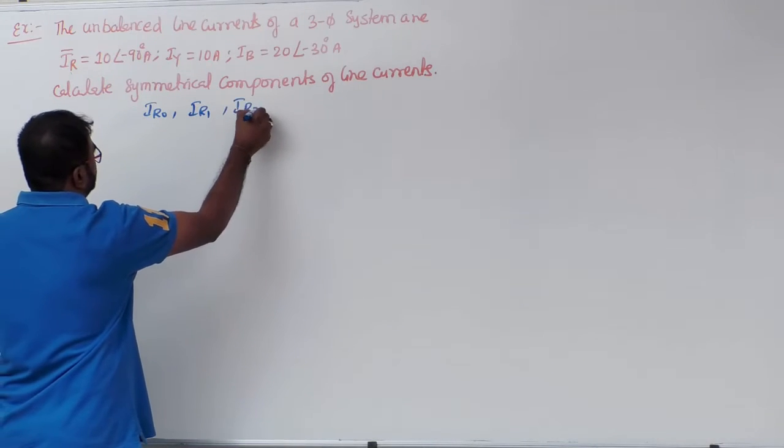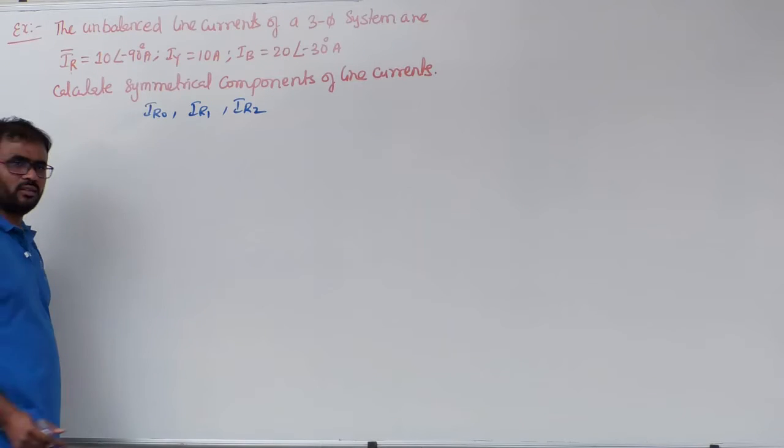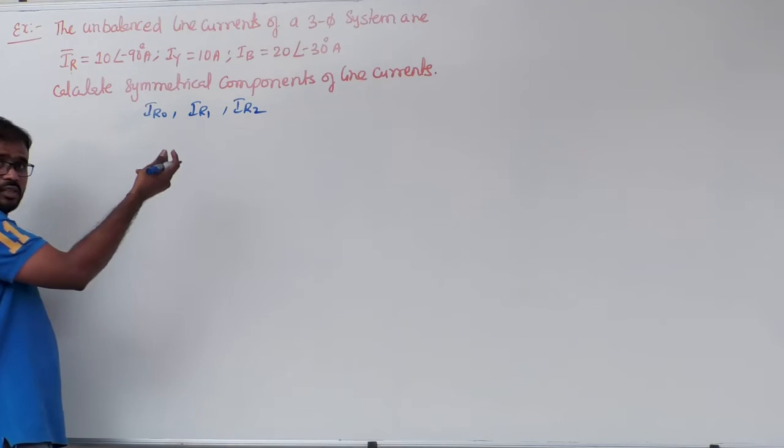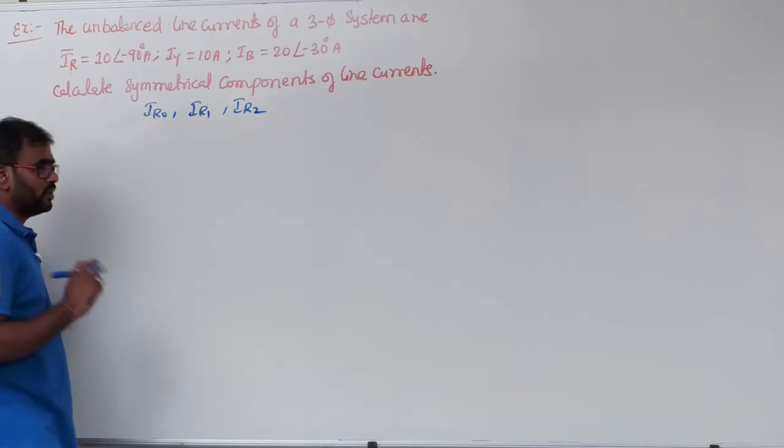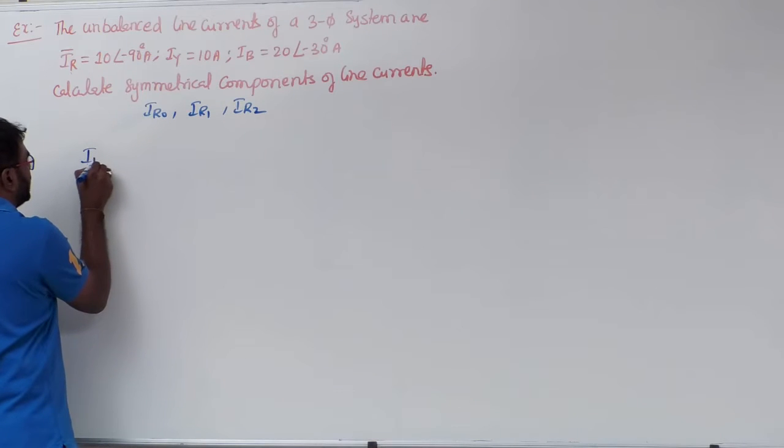Now the question asks to calculate IR0, IR1 and IR2. What is the formula here? According to us, IA0, IA1, IA2. I am writing the formula directly.